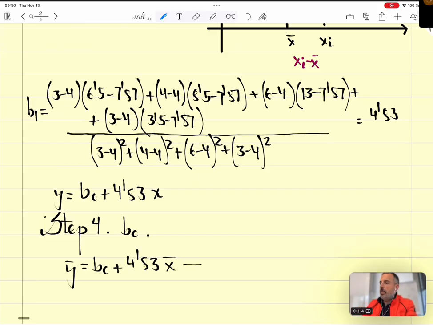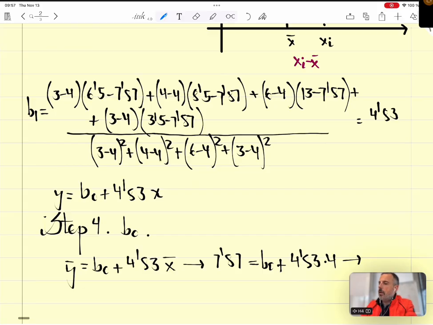So this means that if we put the values that we have from above, this is 7.87 equals B0 plus 4.83 times 4.